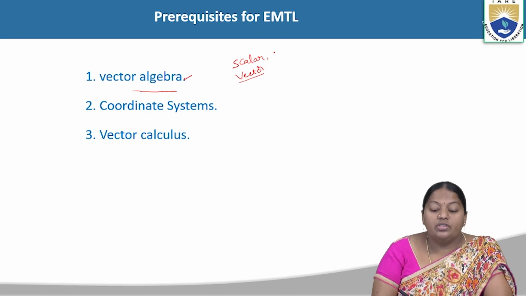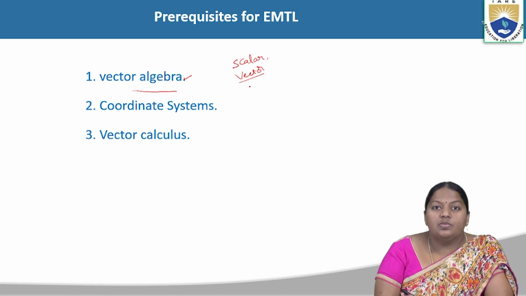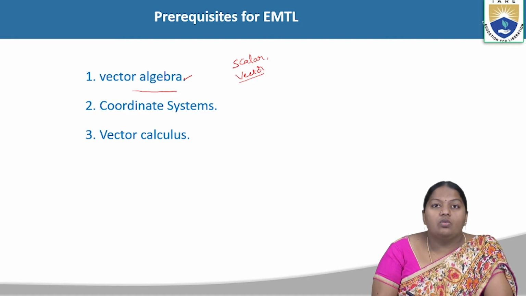Coming to vector quantities, displacement, electric field intensity, force, and velocity are all examples.